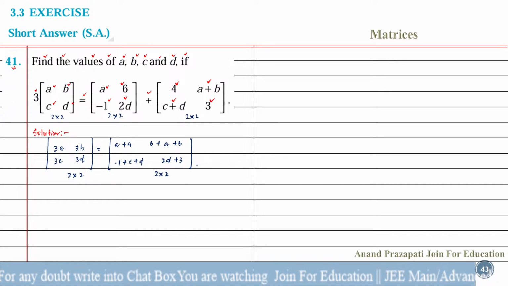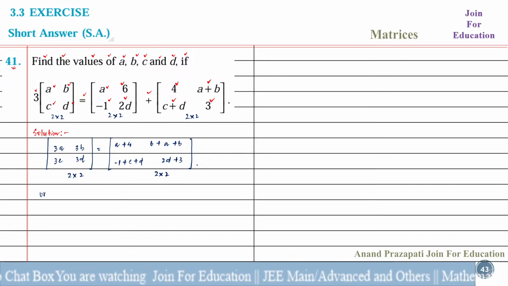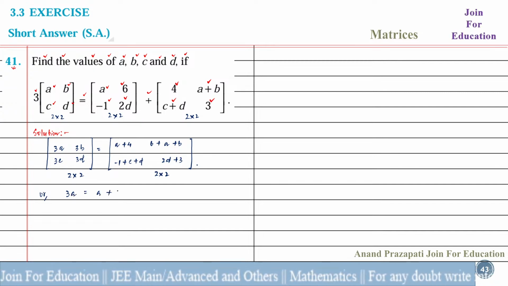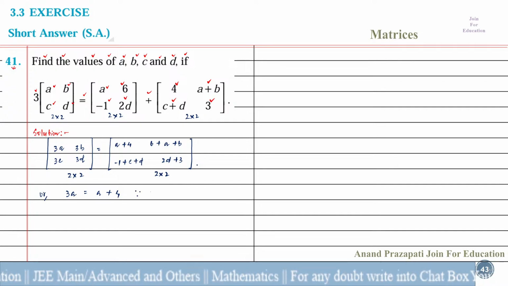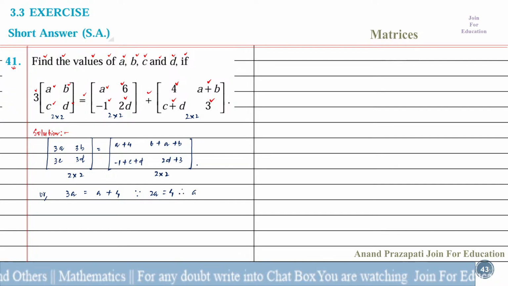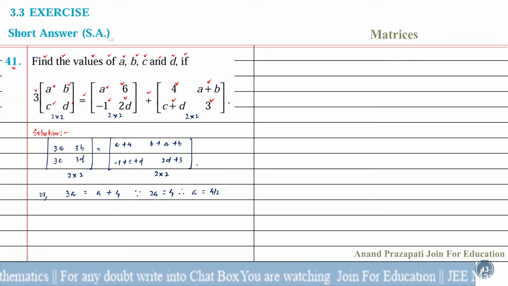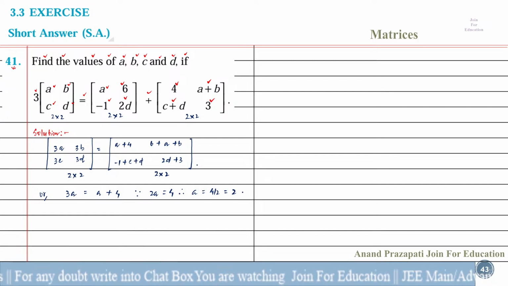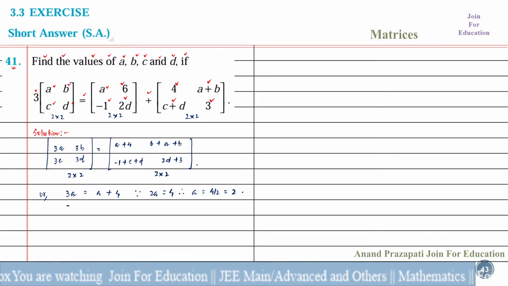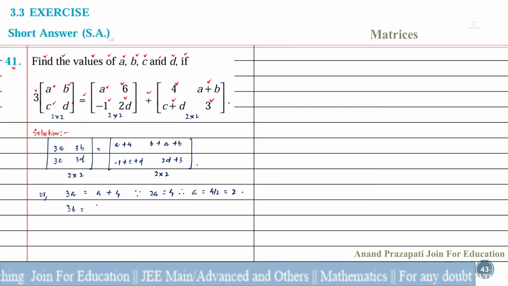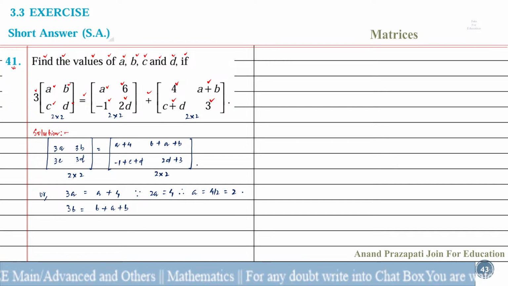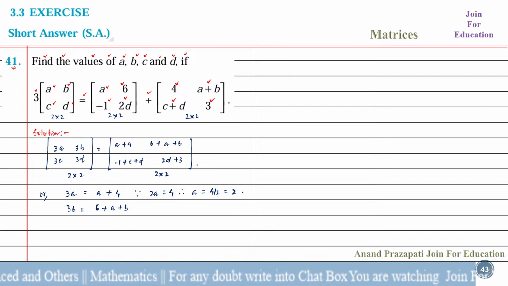Now equating each element. Then we get here 3a equal to a plus 4. Therefore, here will be 2a equal to 4 and a equal to 4 by 2 equal to 2. Again 3b equal to 6 plus a plus b.